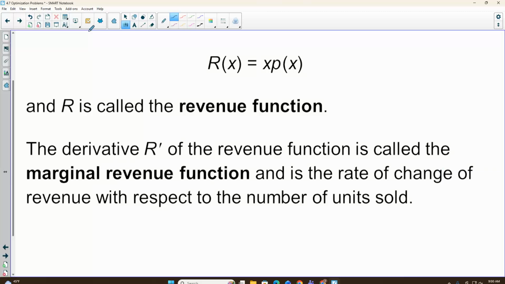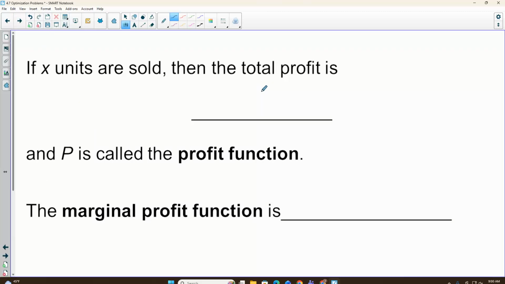All right. Profit. What is profit? To find the amount we make after expenses, the notation capital P is for profit. I know it's kind of unfortunate they use lowercase p for price and capital P for profit. I didn't choose the lettering, so it is what it is.